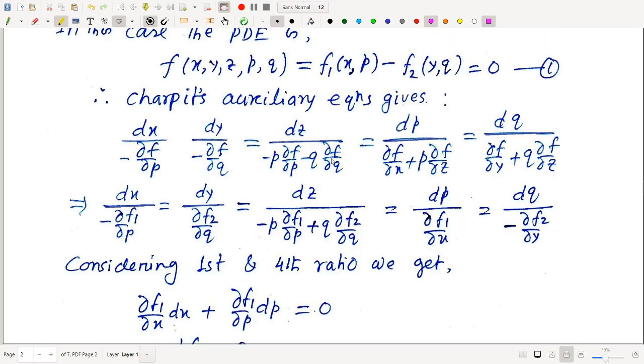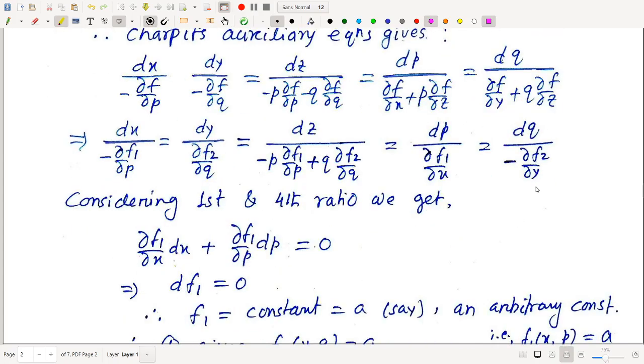And the dz term is just this multiplied by p, that multiplied by q and added, we get this. So directly written. And dp by del f by del x means it will be del f1 by del x, and del f by del z, there is no z, so it is only del f1 by del x. And dq by del f by del y means there is no y in f1, so it will be minus del f2 by del y, and del f by del z is not there, 0, so minus del f2 by del y.